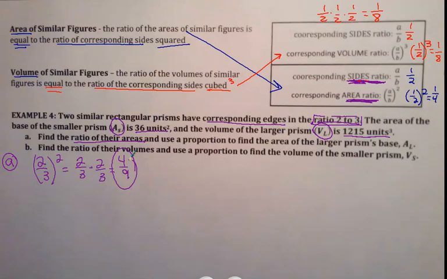Well, we're not there yet. We found the ratio of their areas, so get that copied down. Because then we're going to use a proportion to find the area of the larger prism's base.